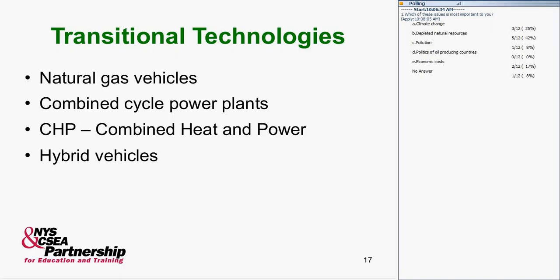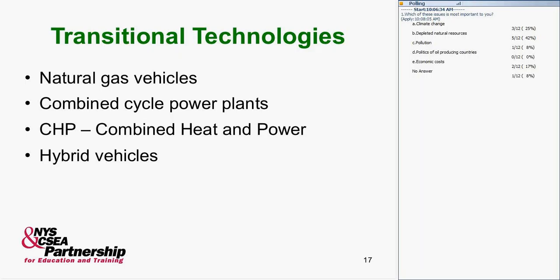Our vehicles run on natural gas. Gas burns somewhere around 20 to 25% better, with less carbon, just because of the molecular makeup, than oil or diesel fuel. If we run vehicles on natural gas, we get less carbon dioxide.